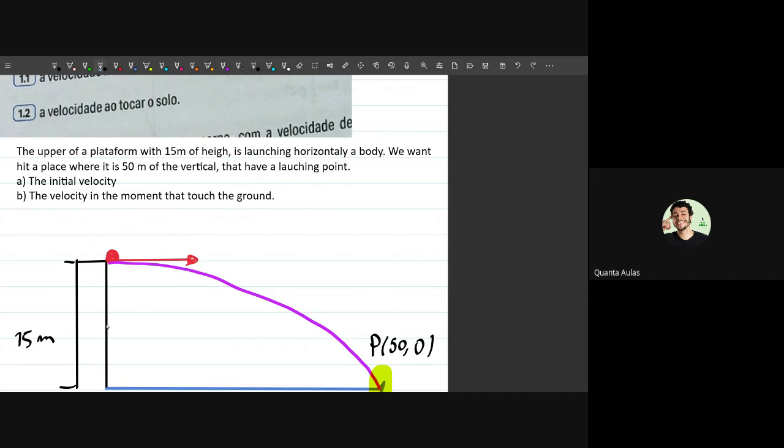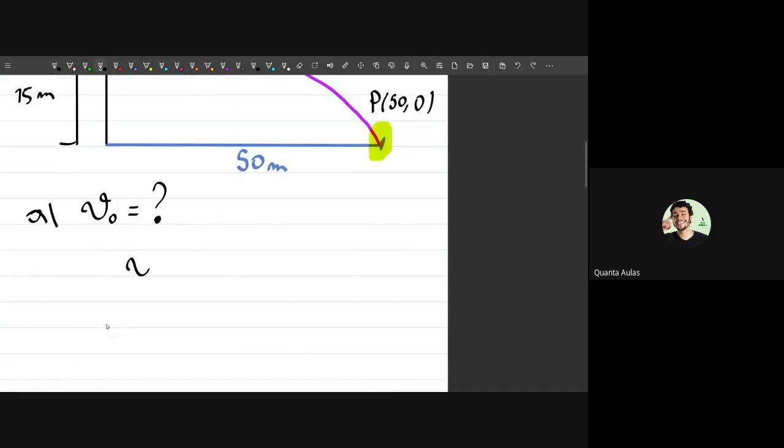So the initial velocity v0 is only a v0x velocity. This is more interesting because we can use the equation in the x-axis. The equation doesn't have acceleration, so it's easier.